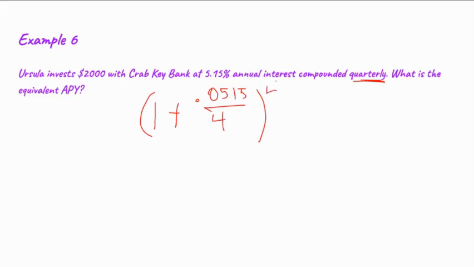And the reason time doesn't make a difference is because it's annual. It's only going to be 1 year, and it doesn't matter how much you're investing. So type that into your calculator: 1 plus 0.0515 divided by 4 to the power of 4, and then all minus 1, and we get 0.0525. So this is basically saying if I wanted an equivalent rate that is compounded annually instead of quarterly, I would need a rate of 5.25%.